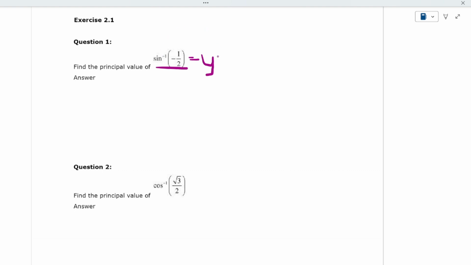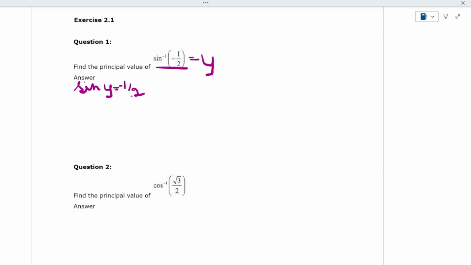If we bring this here, sine y will be equal to 1 by 2, right? As here we have minus, we have to include that minus. You have to not forget the symbols. That is very important in these problems.